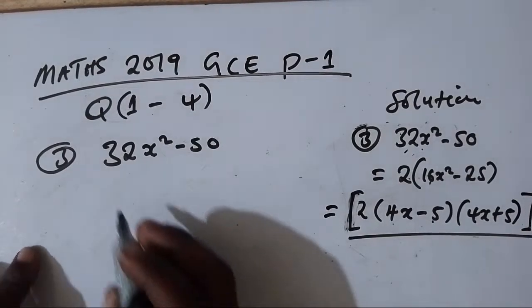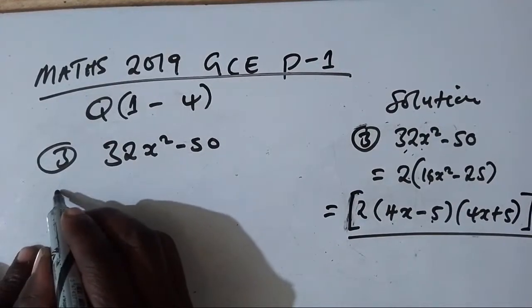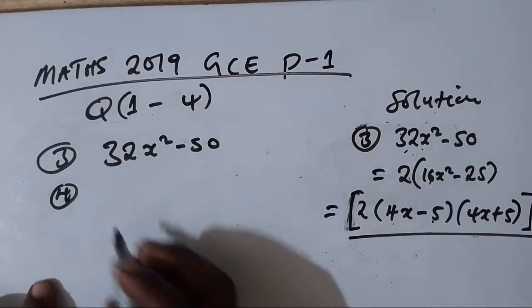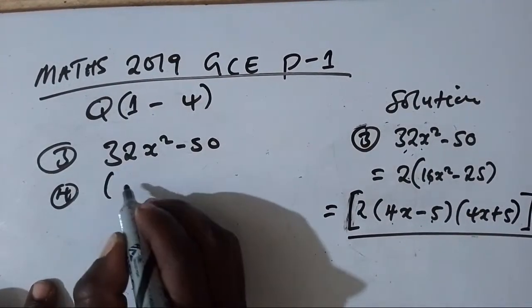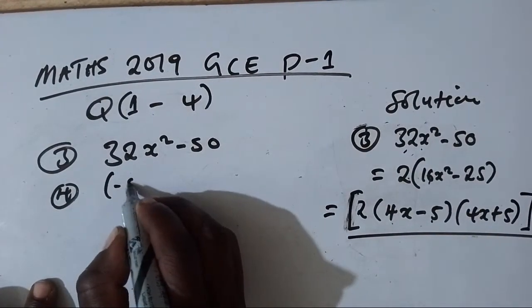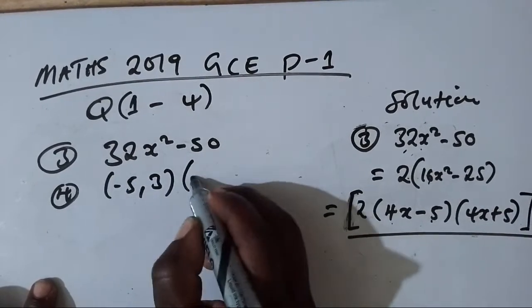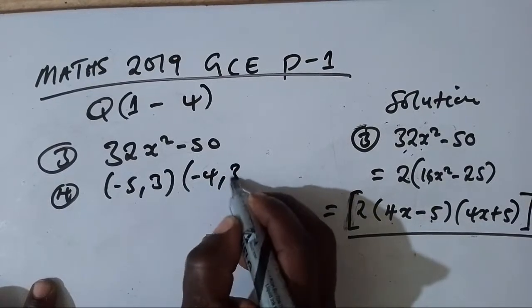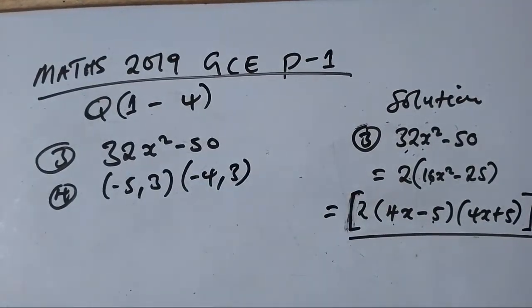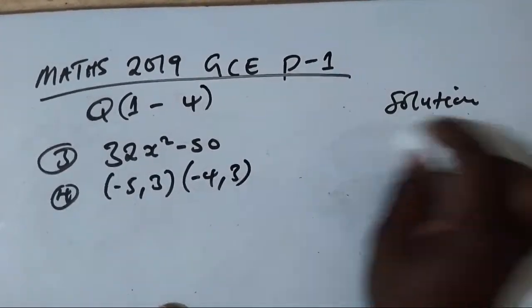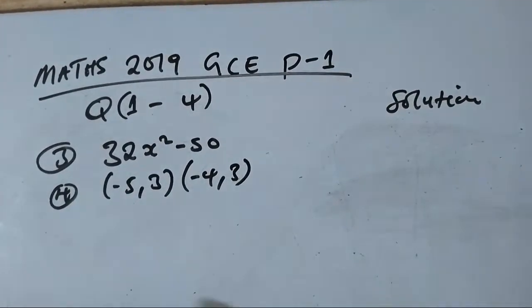Then let's move on to question 4 now. Question 4, we are told to find the gradient of these points, minus 5, 3, minus 4, 3. In here we are told to find the gradient of these points.